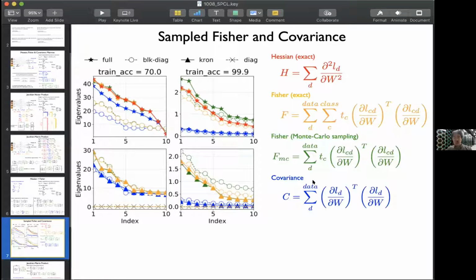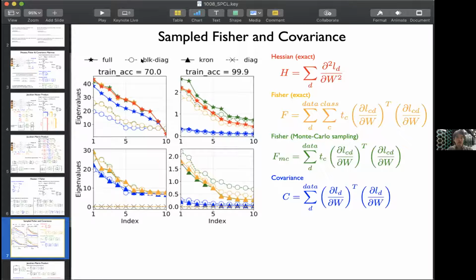And also just simply taking the covariance of the gradient. So these are all different things. And you see that the blue one is very different. But if you compare the red against the yellow, then you see that the red and yellow lines are almost on top of each other.